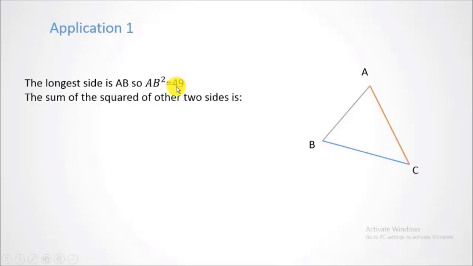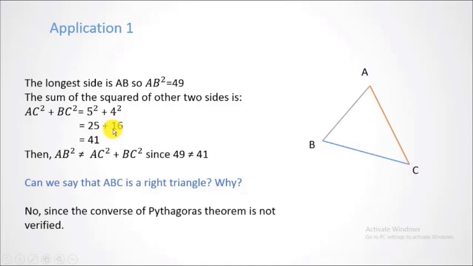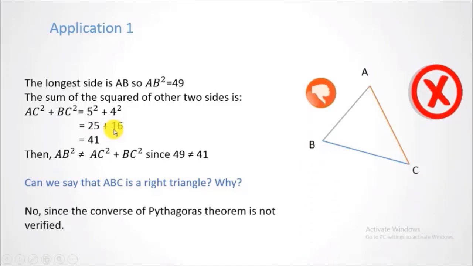The sum of the squares of the other two sides is AC squared plus BC squared, which is 25 plus 16, which is 41. What do we notice? We notice that AB squared is different from AC squared plus BC squared. So can we say that this triangle is a right triangle? No, we cannot. Why? Since the converse of Pythagoras theorem is not verified.